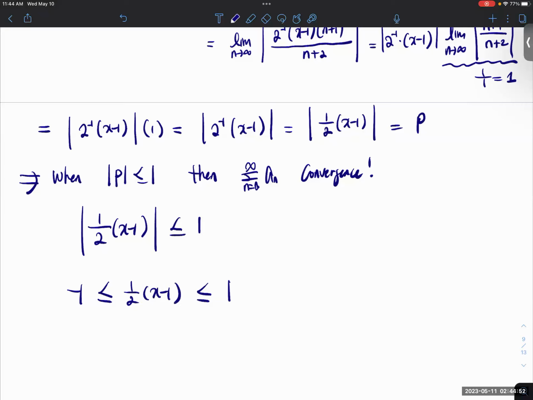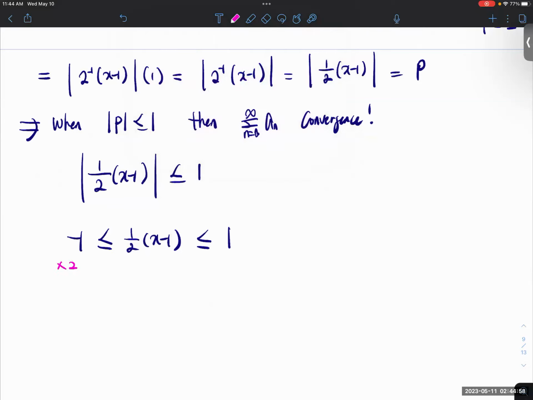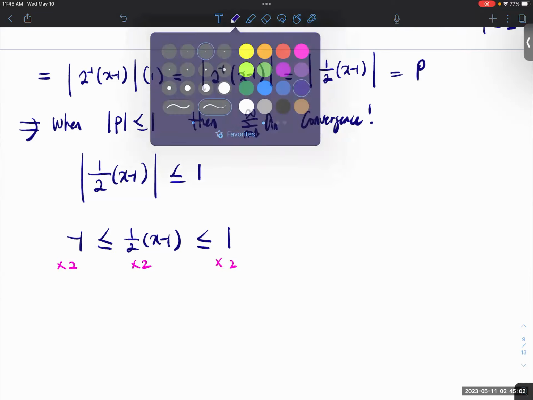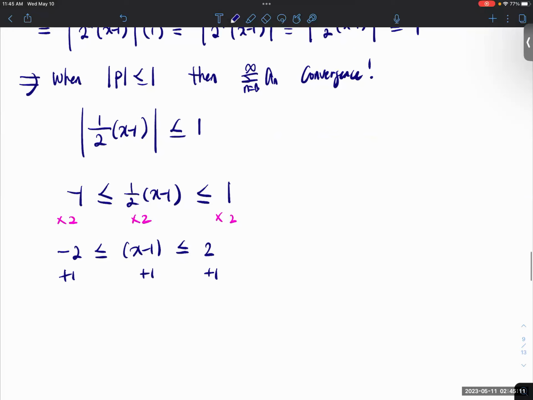So we are solving for x here. Are you okay? I'm going to multiply by 2 so that I can get rid of the fraction. So negative 2 is less than x minus 1, which is less than positive 2. Adding 1 to each part, we get negative 1 is less than x, which is less than 3.